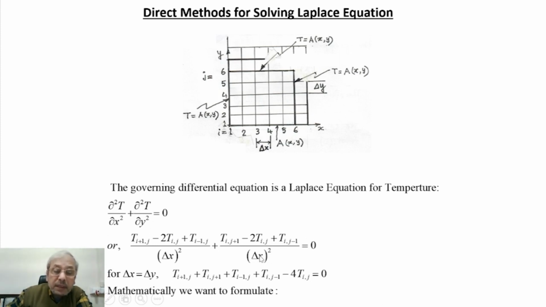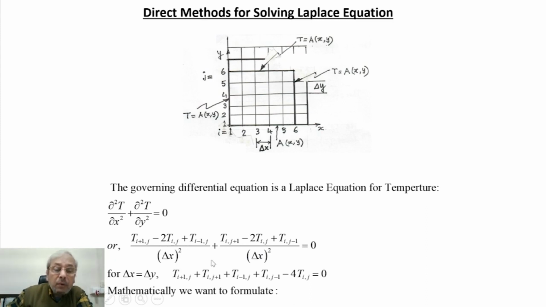By mistake, this has been written delta x square, but since we have taken delta x equal to delta y, ideally, as all of you know, this is delta y square, but here we can write delta y equal to delta x.